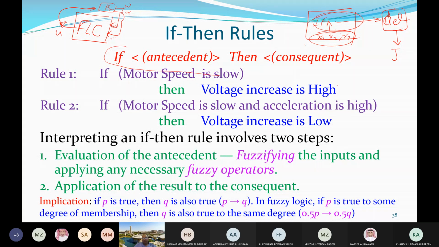Maybe after we finish the fuzzy logic in the next class or 2 classes.